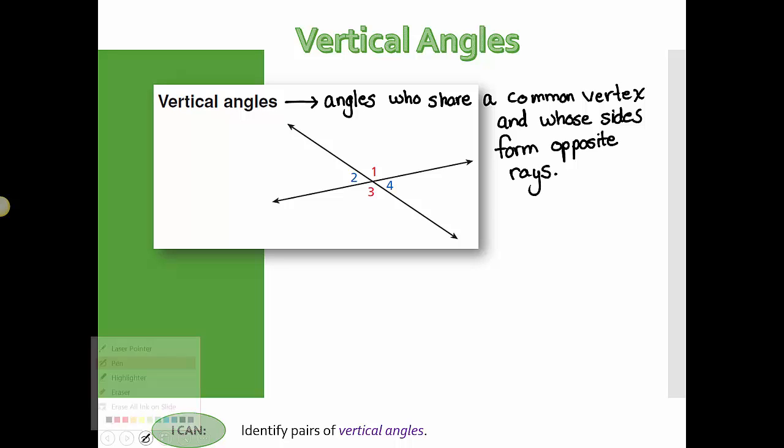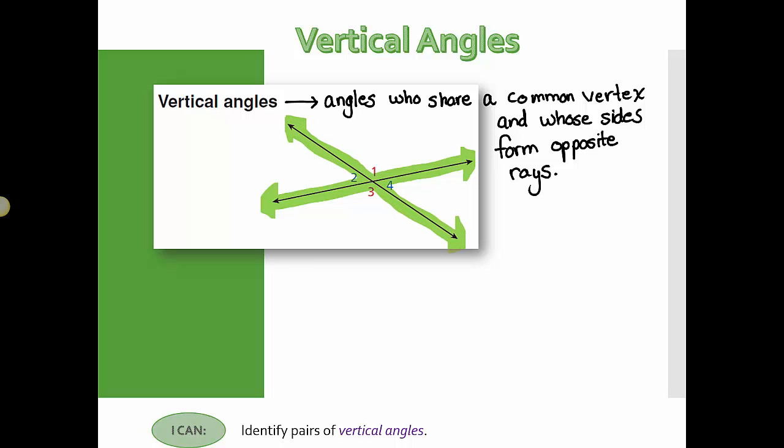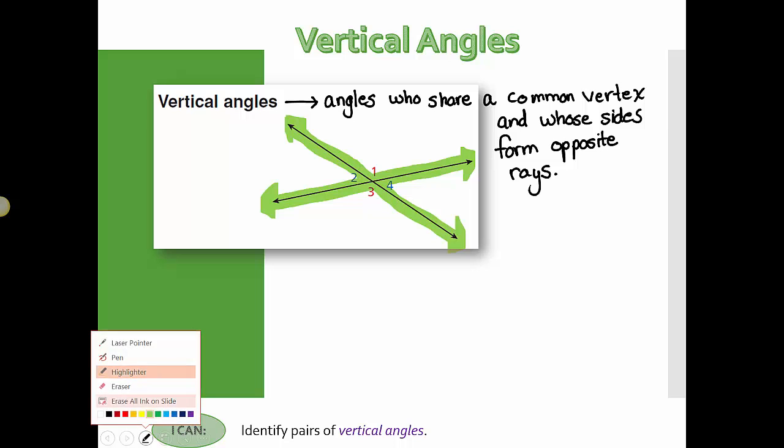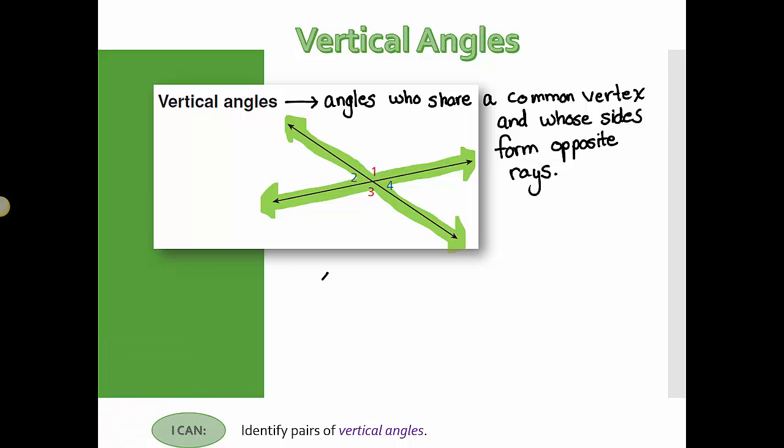So if we look at the diagram that we're given, we can see that angles 2 and 4 have a common vertex, and this side of angle 4 and this side of angle 2 form opposite rays. This side of angle 2 and this side of angle 4 form opposite rays. So in this particular instance, we can say that angle 2 and angle 4 are vertical angles.